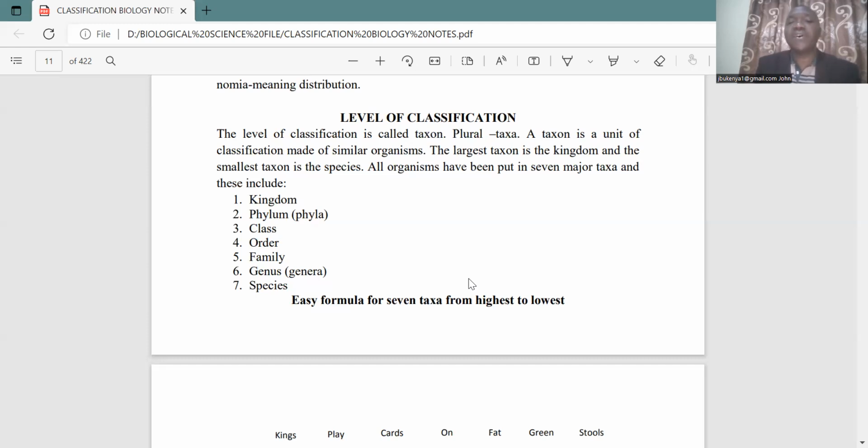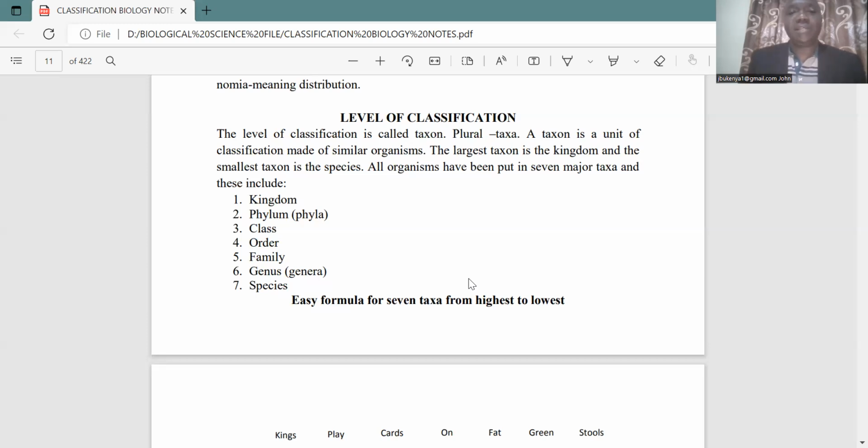At the level of a species, the similarities are more than in any other taxonomic groups above.